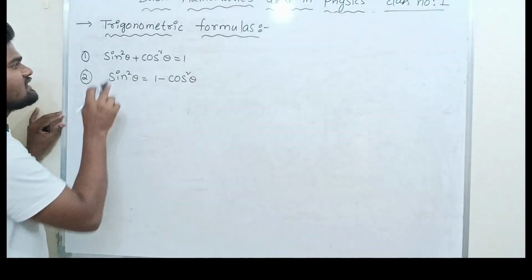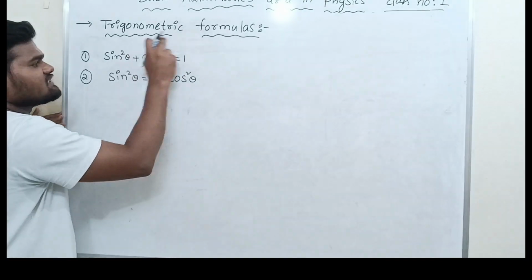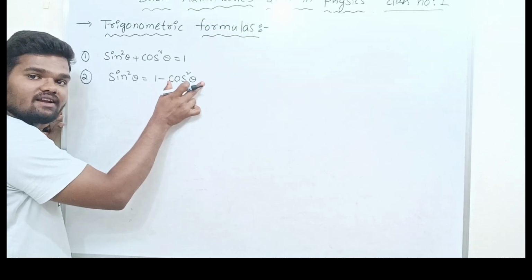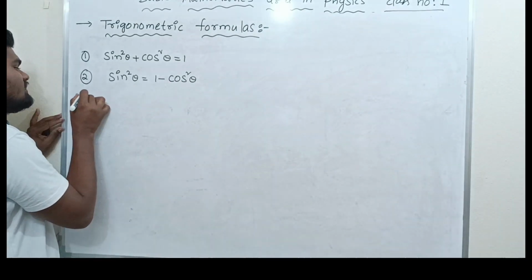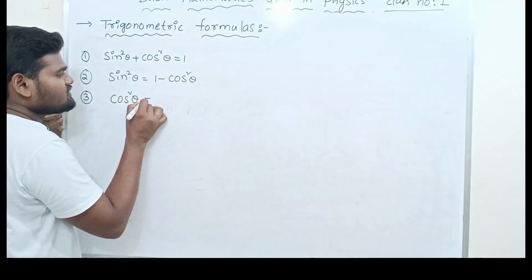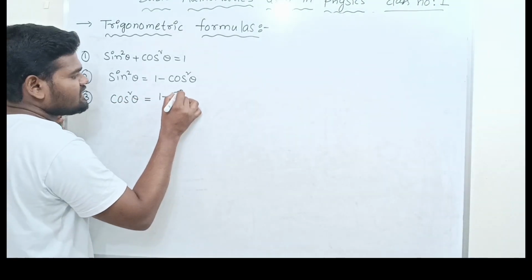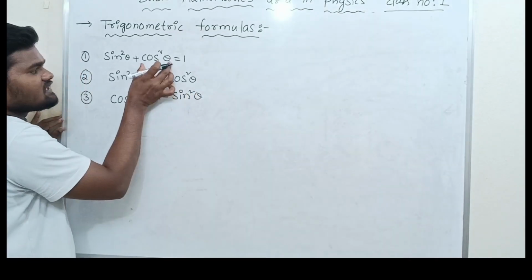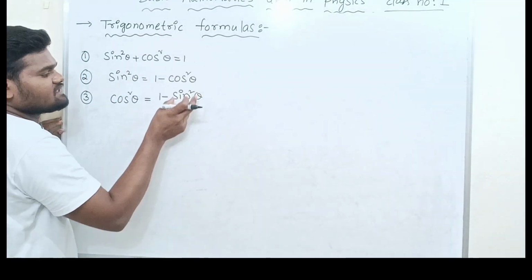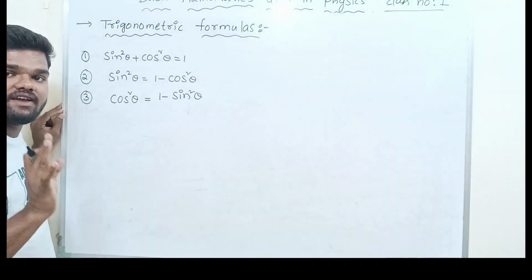If plus cos square theta comes to this side, it becomes minus cos square theta. Third formula, from the same formula: cos square theta is equal to 1 minus sin square theta. Bring plus sin square theta to this side, it becomes minus sin square theta.